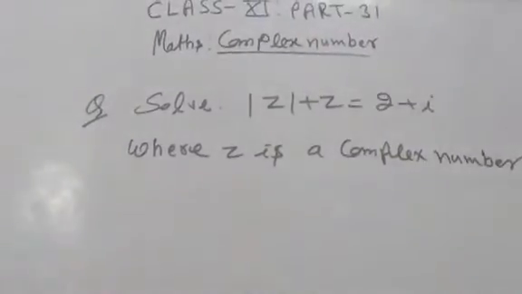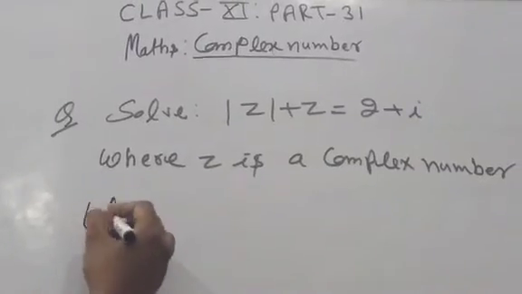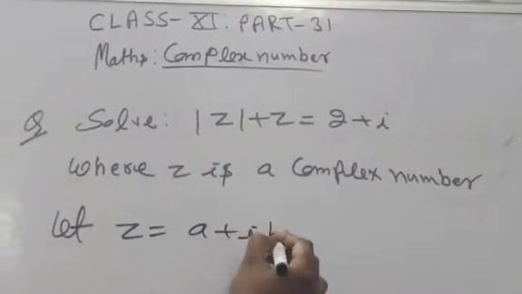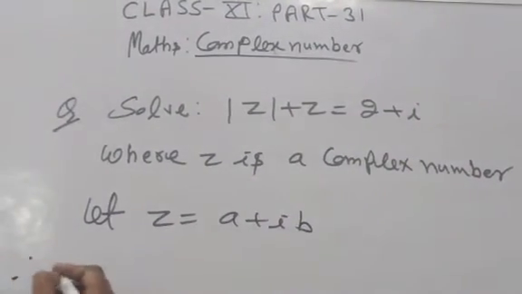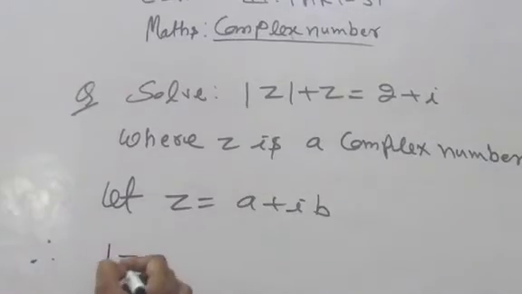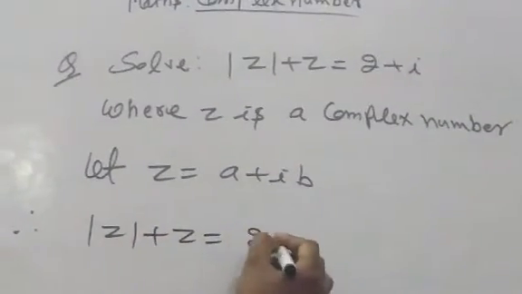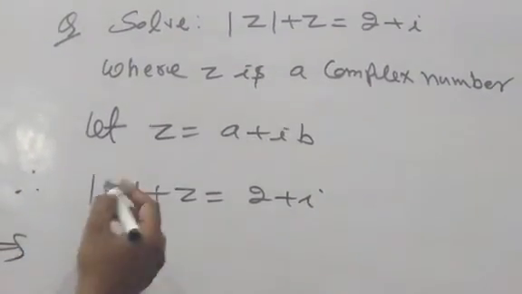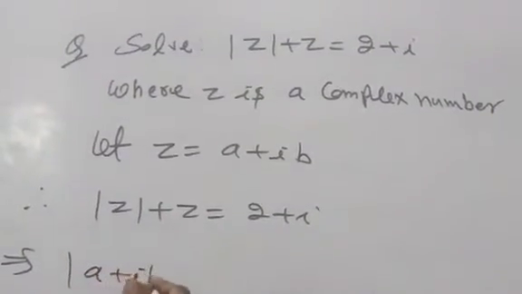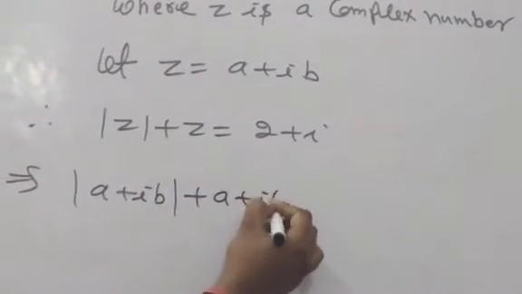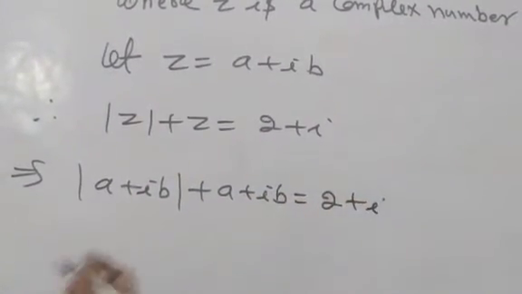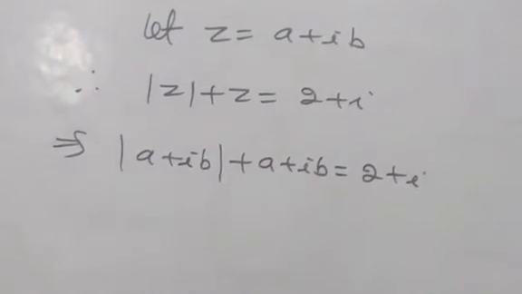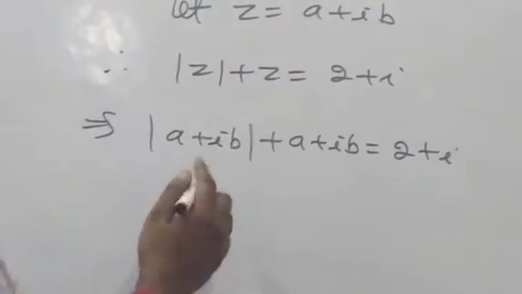In this question, solve mod of z plus z is equal to 2 plus i, where z is a complex number. Clear? Now let z is equal to a plus ib. Therefore, mod of z plus z is equal to 2 plus i, or a plus ib plus a plus ib is equal to 2 plus i. Now this is the symbol of modulus. Then what is the mod of a plus ib?